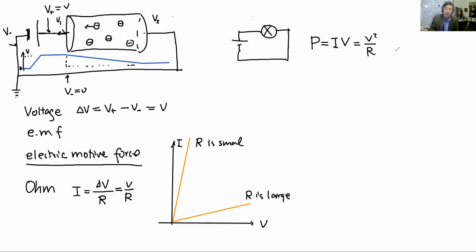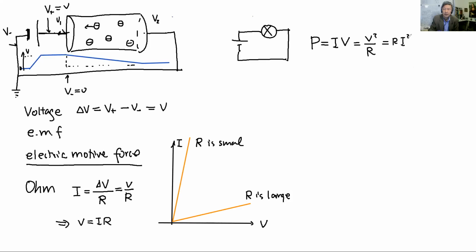Although it's simple, alternatively, if the current is constant, Ohm's law also gives V equals I times R, so the power is R times I squared.